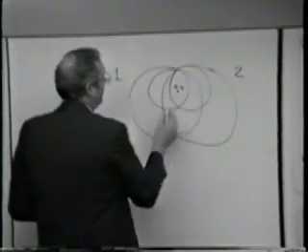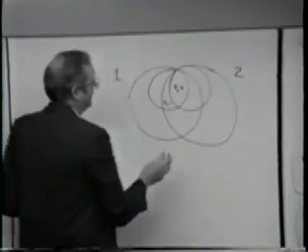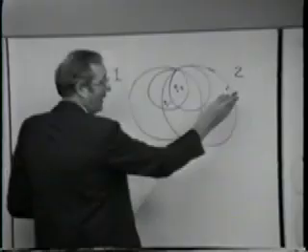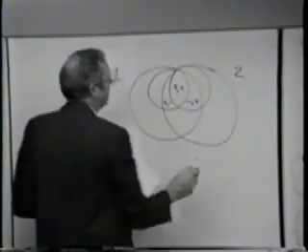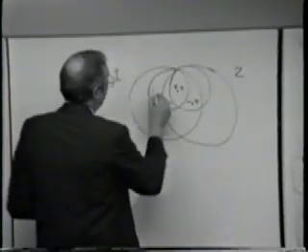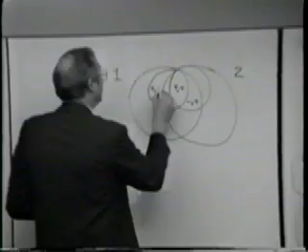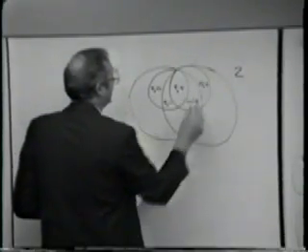Now if I move out to this region here, you can see I have a plus, minus. Plus for number 1, minus for number 2. And over here, symmetrically reversed, a minus plus. If I go a little bit further out, I get plus 0 over here and 0 plus over here.